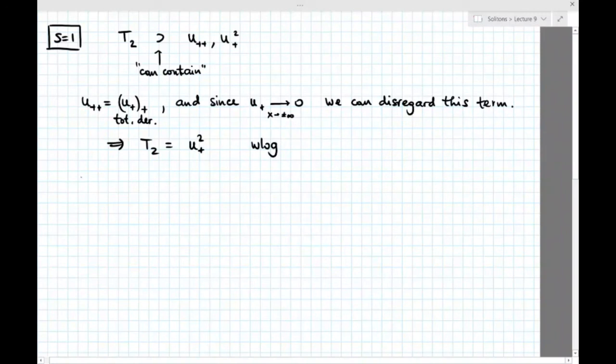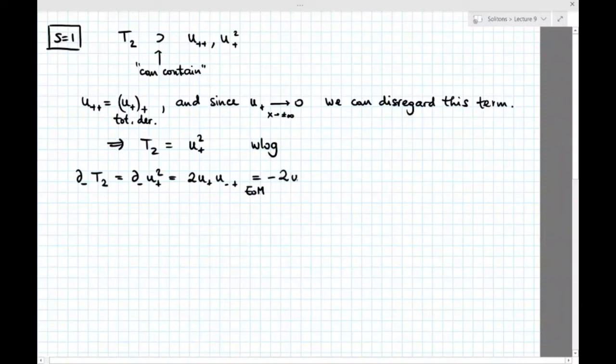So now let's calculate the partial derivative of T2 with respect to x minus, so that's partial minus of u plus squared. This is 2 u plus u minus plus. And next we use the equation of motion, which is u plus minus is equal to minus V prime of u.